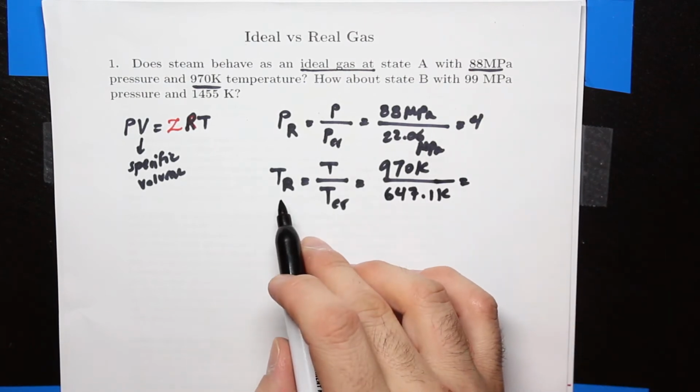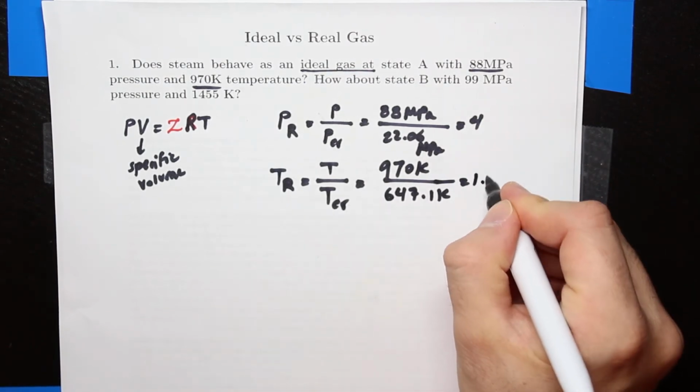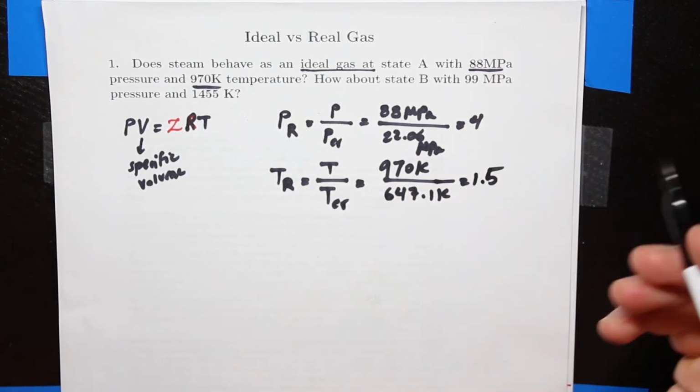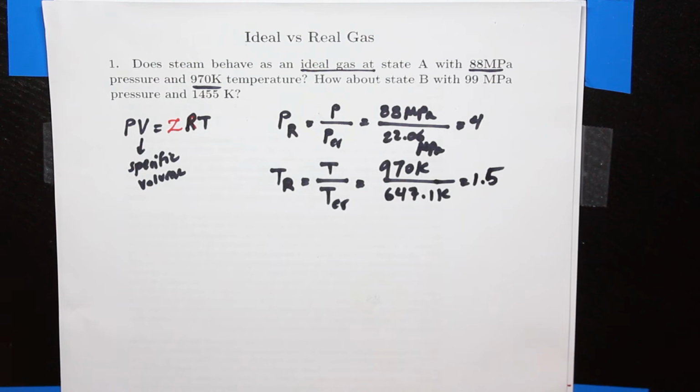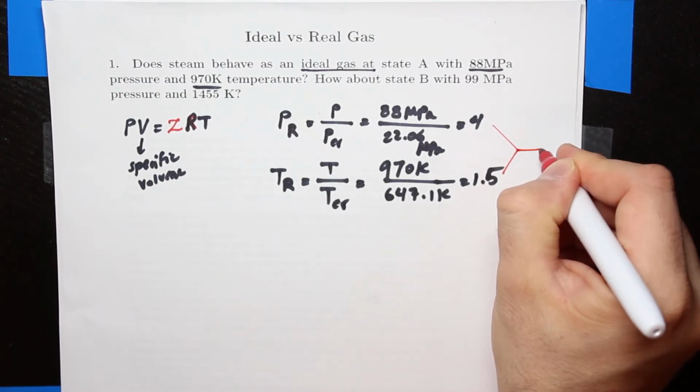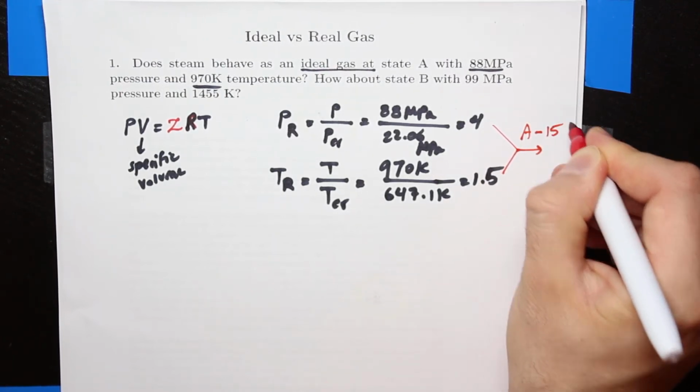That gives you a reduced temperature of around 1.5. Now these are the two numbers that I have, and based on these I go to figure A15 and obtain the value of z in that figure.